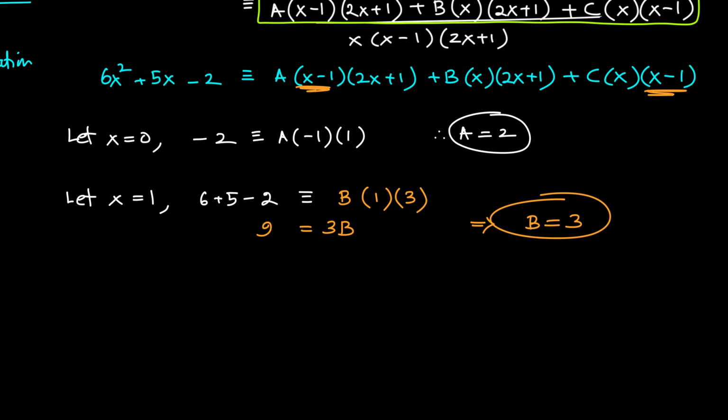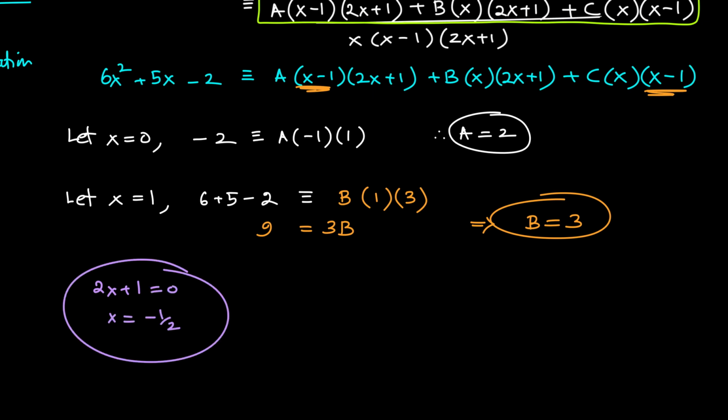So now the focus is finding the value of c, and this is where the solution lies. Which value of x will make 2x plus 1 disappear? So I'll write 2x plus 1 equals 0, x equals negative half. Now let x equal negative half.